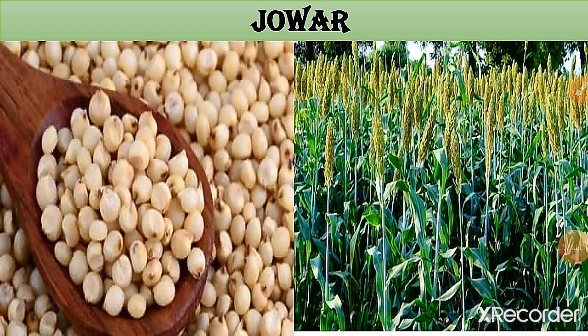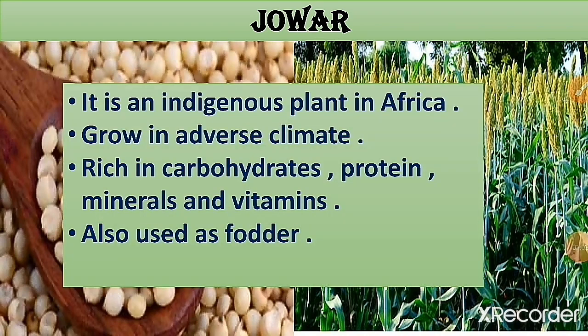Next, jowar. It is the third important food crop of our country. It is indigenous, which means it is a native plant of Africa. The plant has a tendency to grow in adverse climate conditions. Its grains are rich in carbohydrates, protein, minerals, and vitamins.